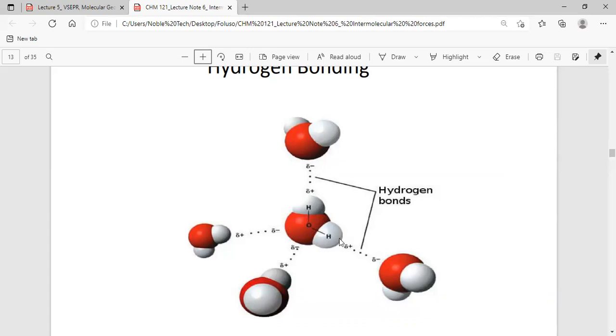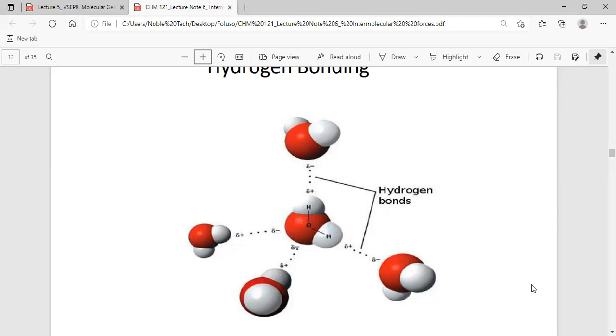The hydrogen atom becomes partially electropositive. Now, there will be an orientation of the hydrogen of one molecule towards the oxygen of another molecule that is partially negative. The hydrogen that is partially positive will orient itself. So this will establish a bond called a hydrogen bond between the oxygen of one molecule and the hydrogen of the other molecule.